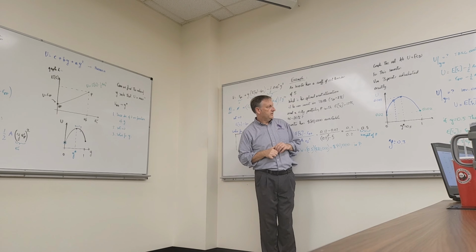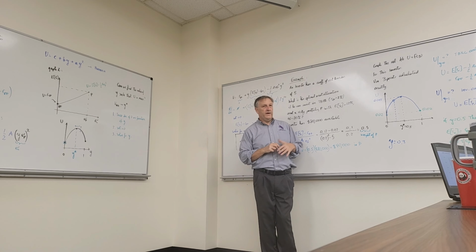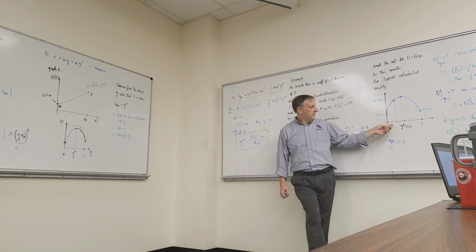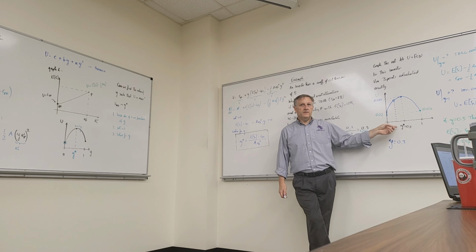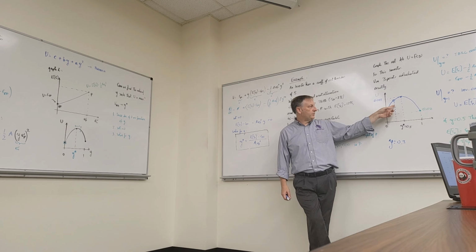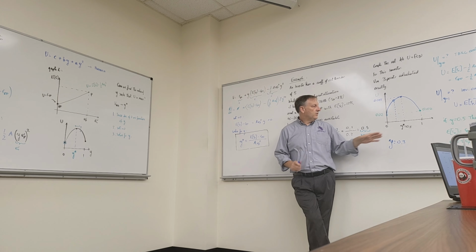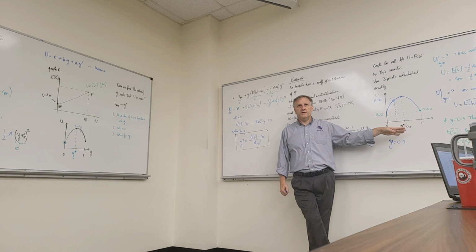And how could you make this investor happier? Increase the risk by increasing the weight of Y. Yeah, so that means create a portfolio that is more tilted towards the risky asset. Why is that making this investor happier?